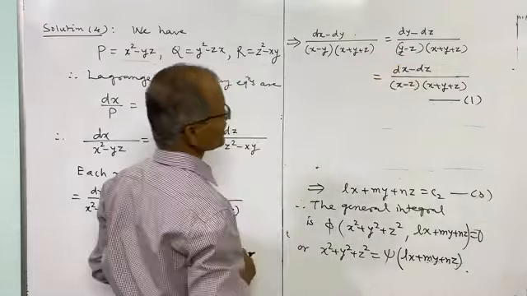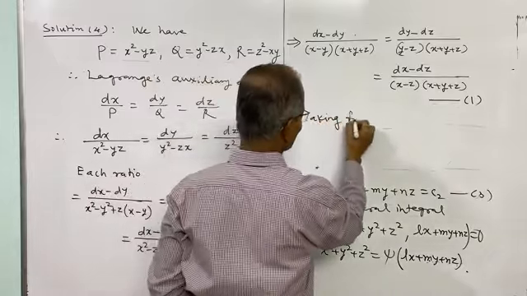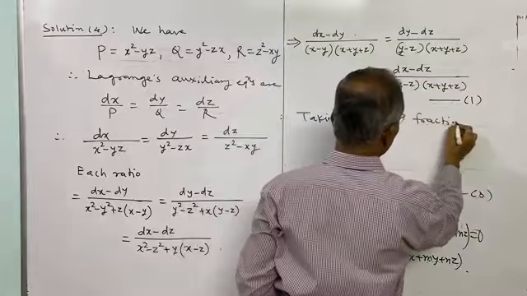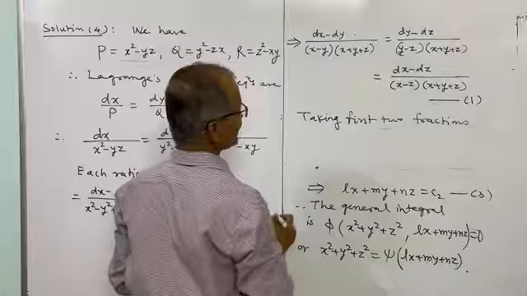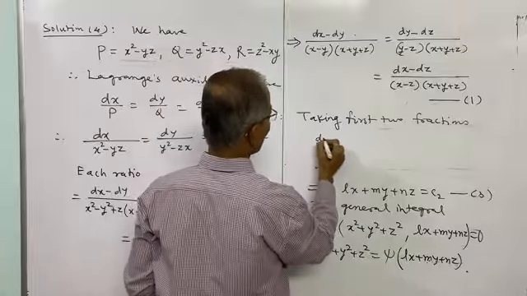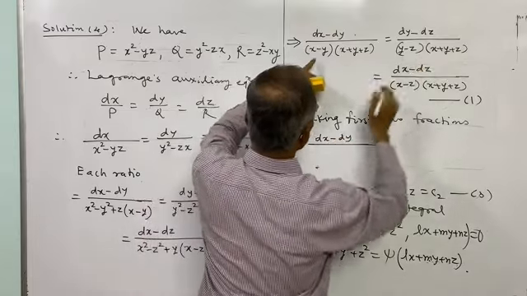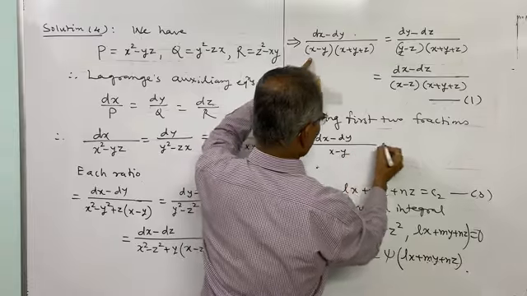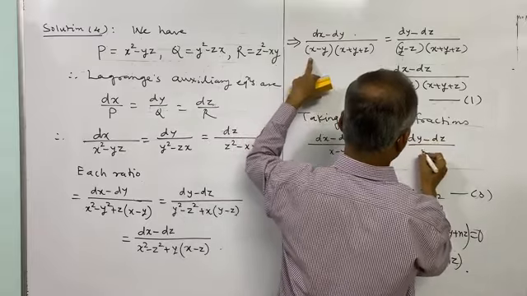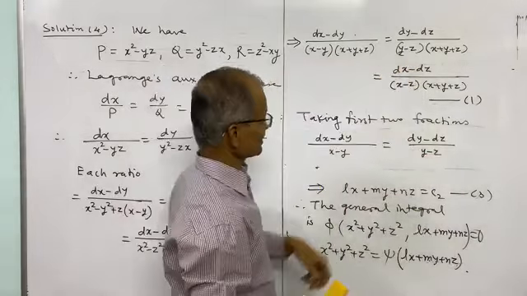So this implies taking the first two fractions, we get dx minus dy divided by, after cancelling this, x minus y is equal to dy minus dz divided by y minus z. So this we shall get, equating these two, cancelling the factor.